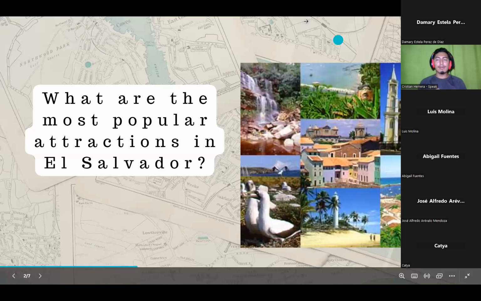It's similar to what Luis mentioned. And yes, at the end, La Libertad Port and also Sunset Park, those are very beautiful and interesting places. Well, at least Sunset Park is beautiful. Libertad Port is not that beautiful, but it's a great place to go with your family, for example, and to eat some seafood.